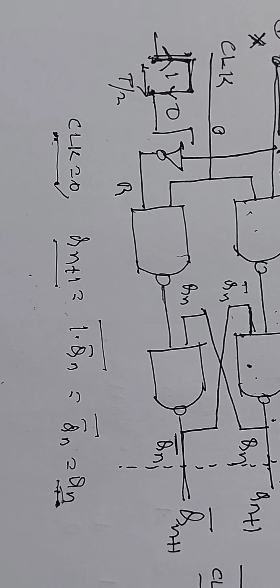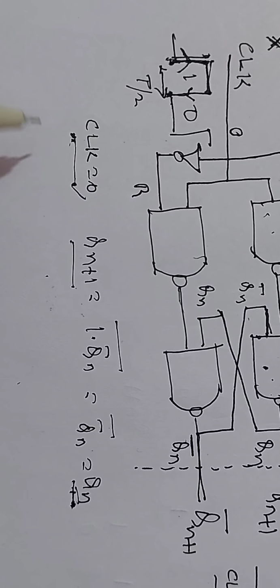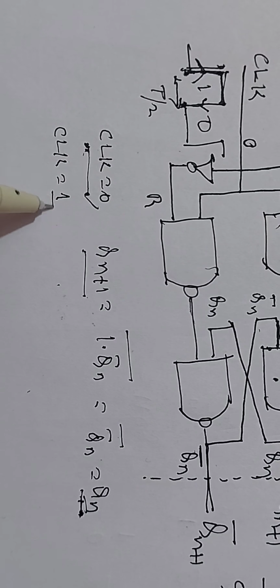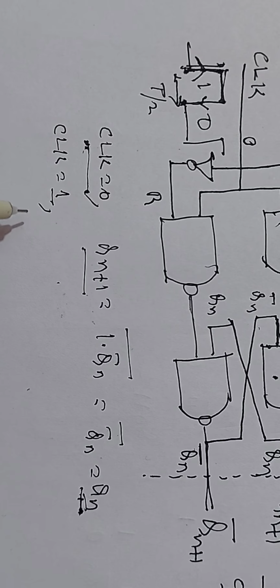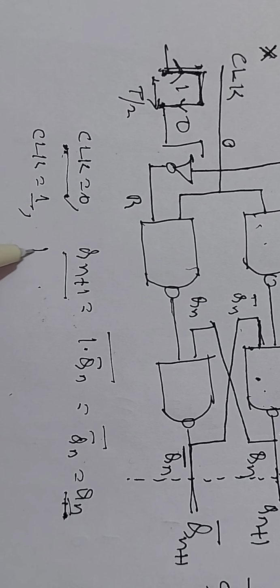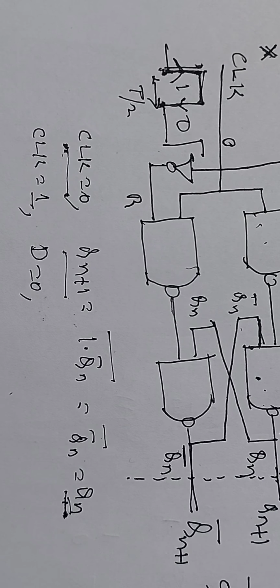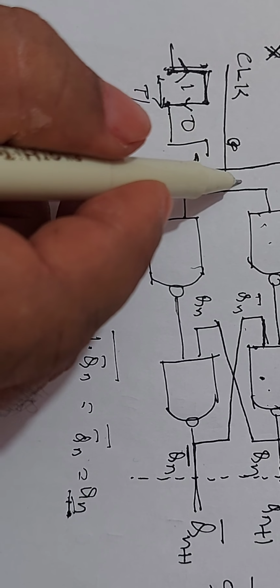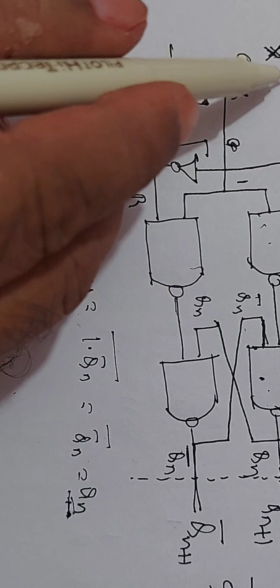Now let us consider the case when clock pulse is present. When clock pulse is present, that means when clock pulse is 1, what are the outputs? When clock pulse is 1 and the input D is equal to 0. So here the clock pulse is 1 and the D input is 0.